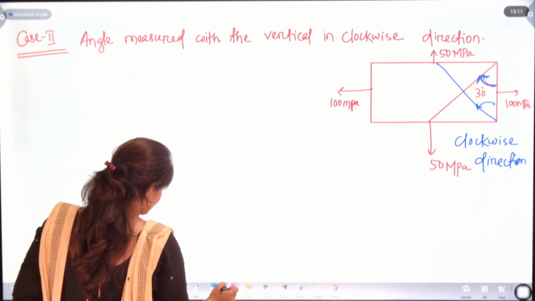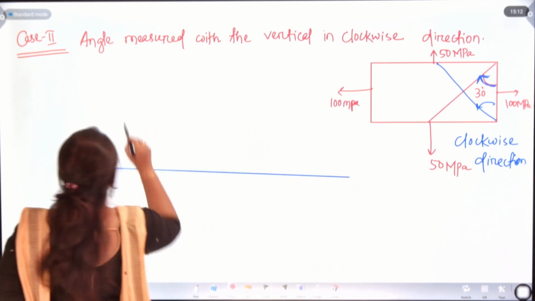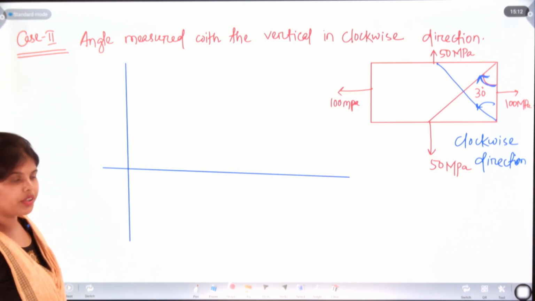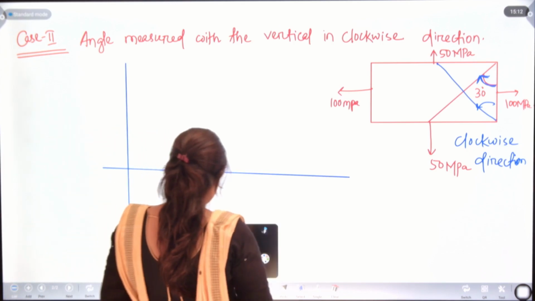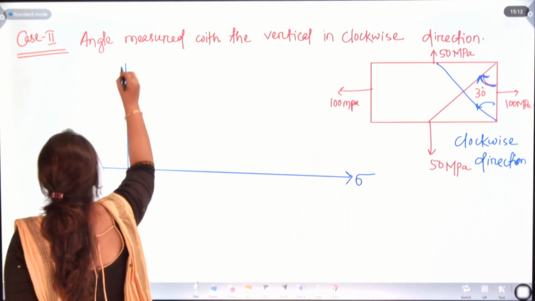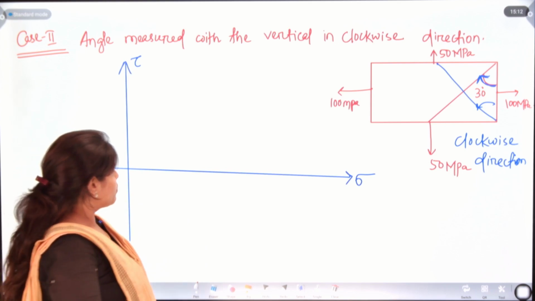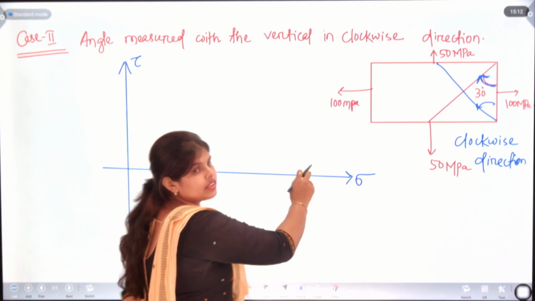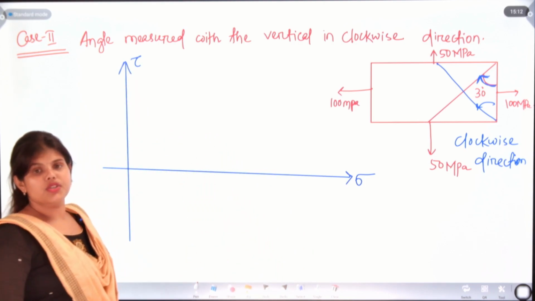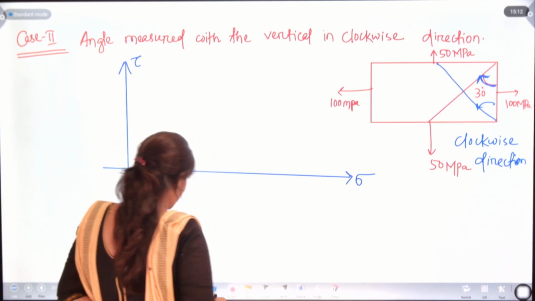Here we have the x-axis and y-axis, that is sigma representation for normal stress, and here we will have tau. So you can see we have the normal stresses in the x direction only, and we have the shear stress in the vertical axis, or you can say y-axis.